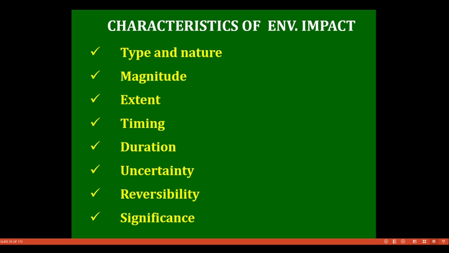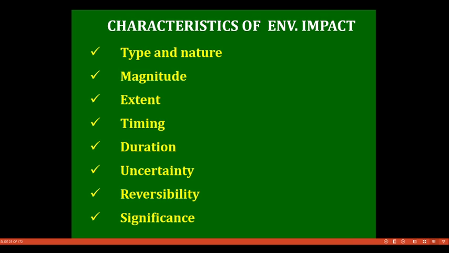And the last one is significance of impact. Here it's not a quantitative term, it's a qualitative term. Some impacts may not be related to magnitude. Some impact may be small, but it will have high significance. For example, during the construction of a dam in a particular region, part of the forest area may be affected, with trees being cut down.